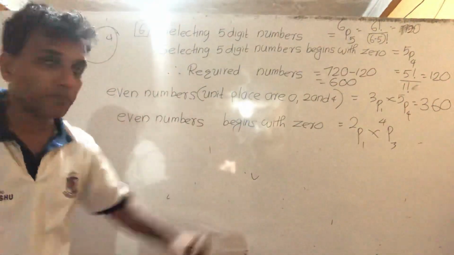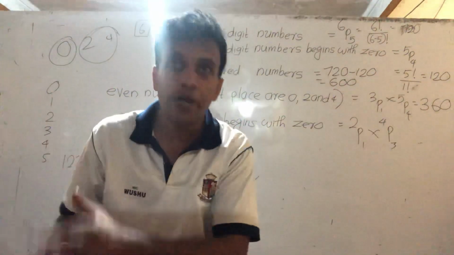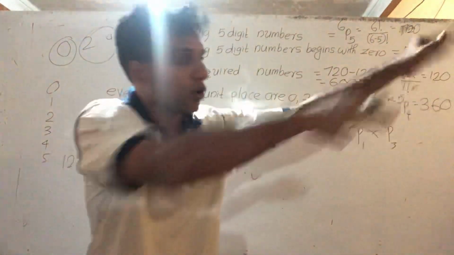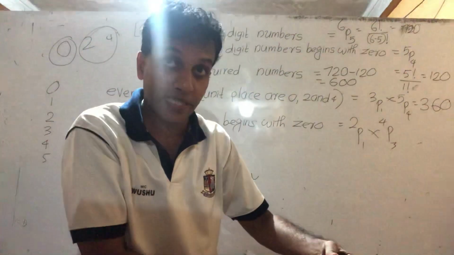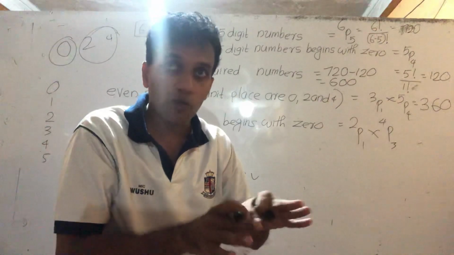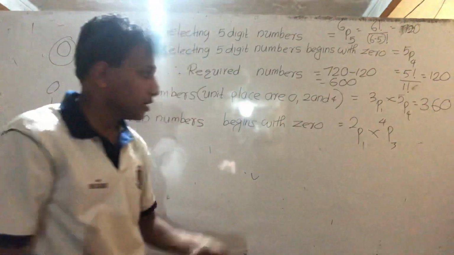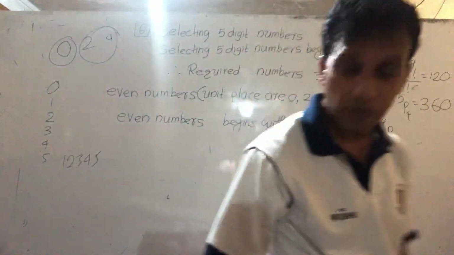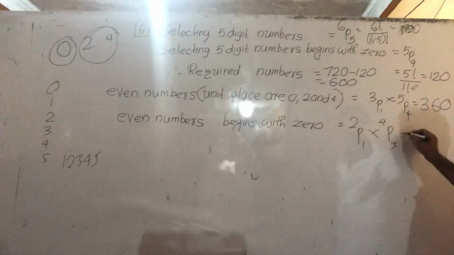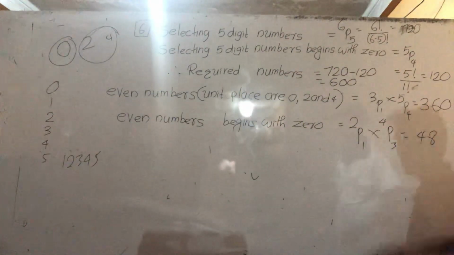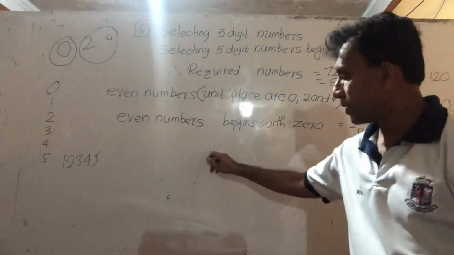4P3. Keep the 0 separately, form a number, every number takes the 0 and comes and stays at the first place, but we won't take such even numbers, right? Because it is a 5 number system. Therefore simplify this, the answer becomes 48. Now write the required number.